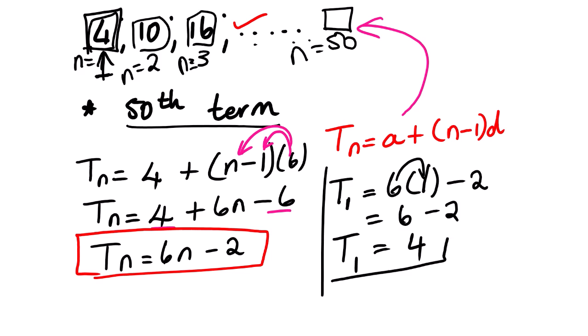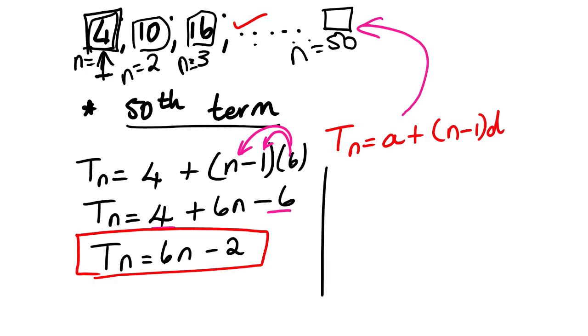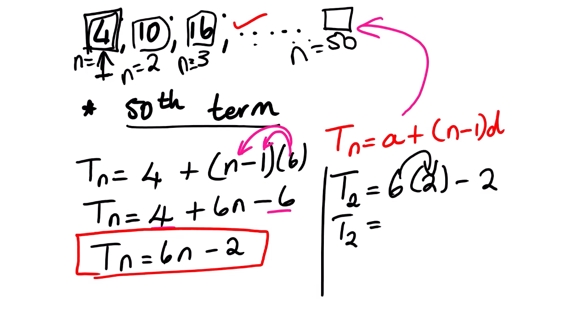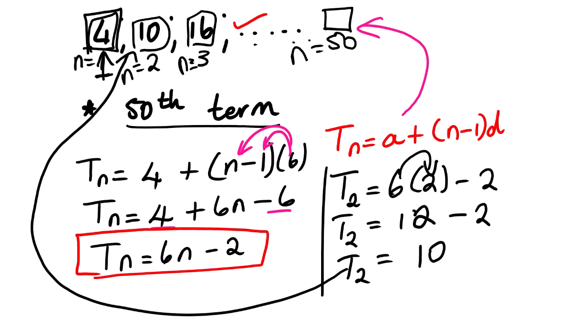So term number 1 is 4. We can quickly check term number 2. T2 equals 6 times 2 minus 2. 6 multiplied by 2 is 12, minus 2. T2 equals 10. So we can see that term number 2 is indeed 10.